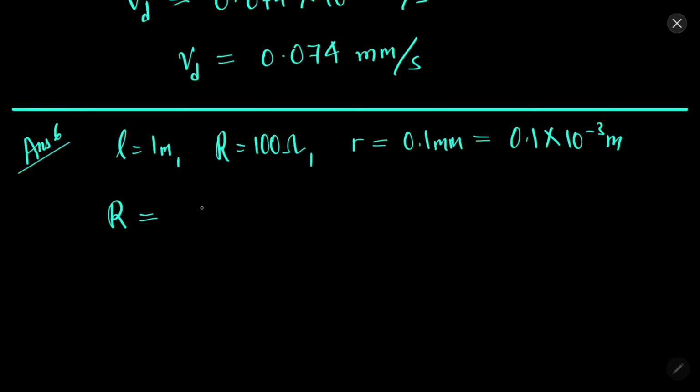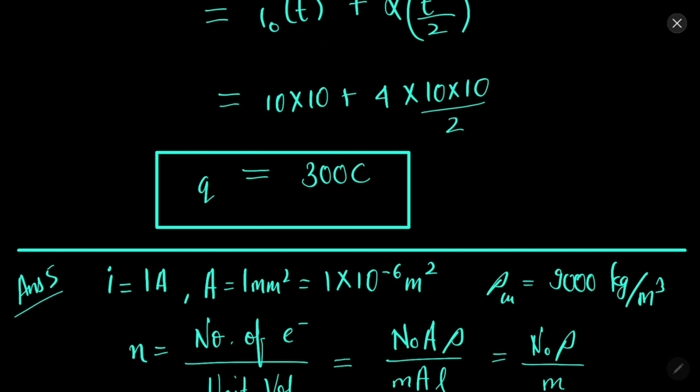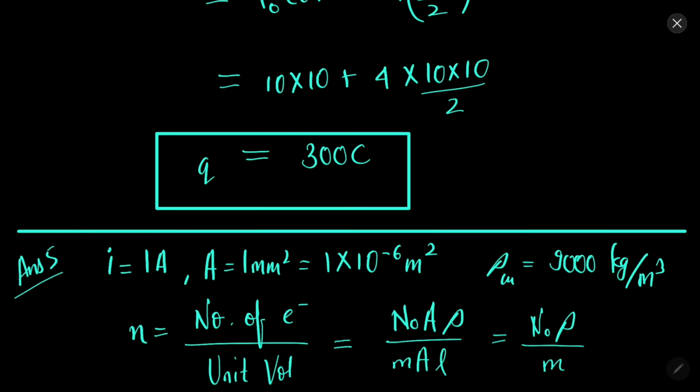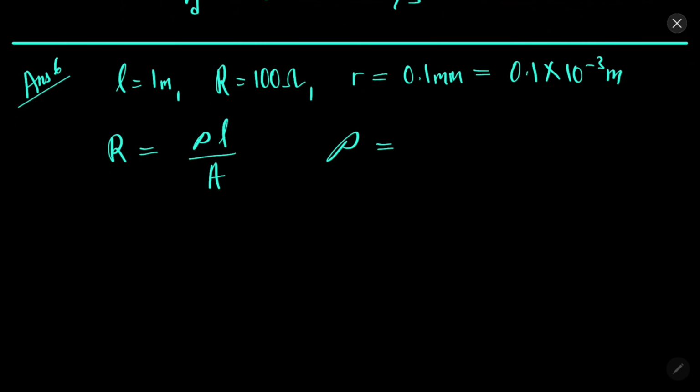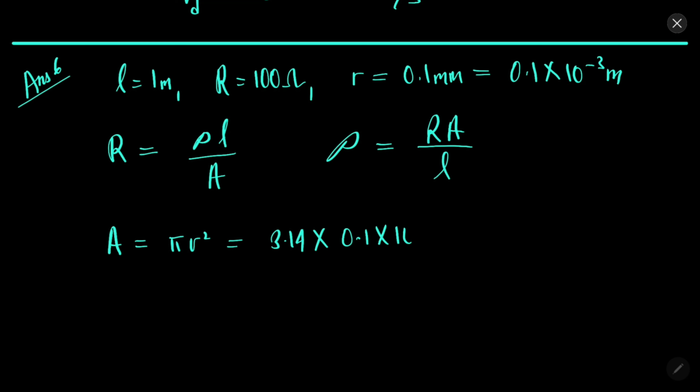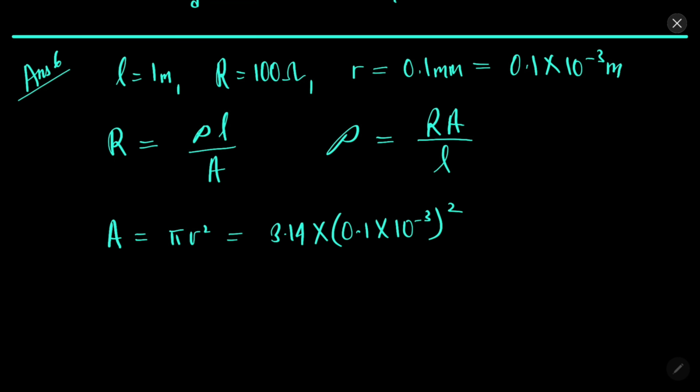Now resistance is resistivity into length over area. So resistivity will be, do not get confused with the symbol, I used this for density, now I am using this for resistivity. So resistivity will be R into A over L. Now area will be pi r square, 3.14 into 0.1 into 10 to the power minus 3 whole square.